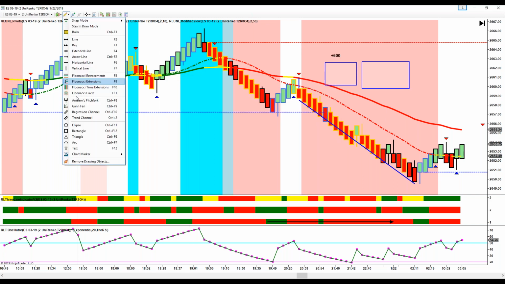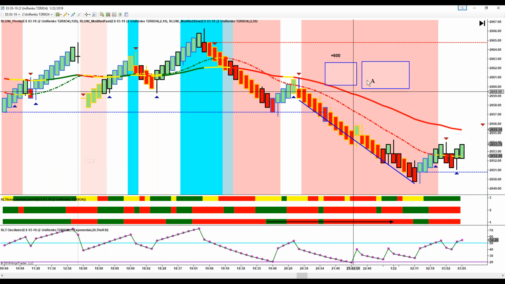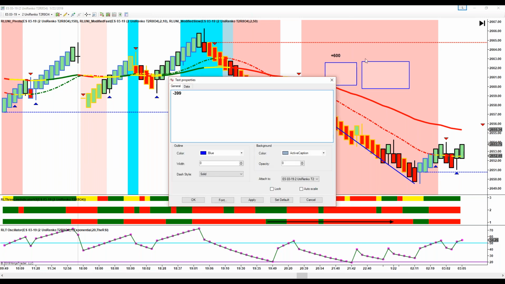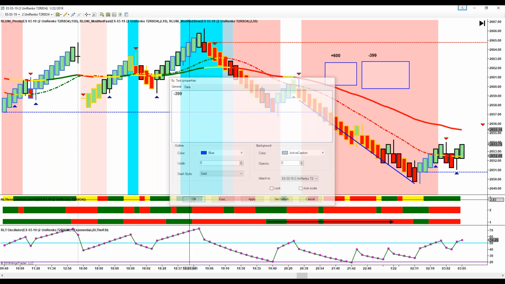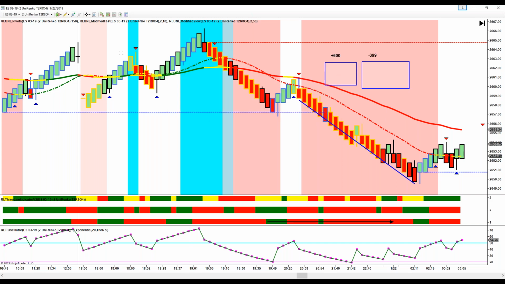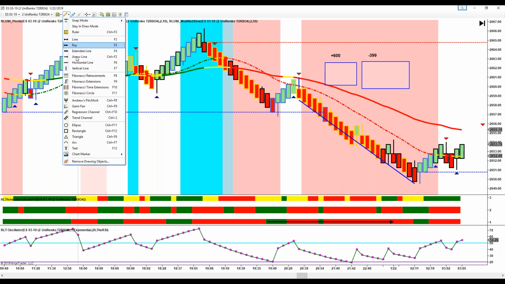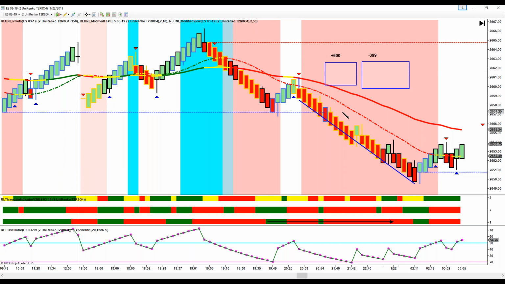Only one standard deviation's worth of data is going to work for you. This is minus 399, whatever. But it takes all these values and puts them into a 15 period simple moving average to create a slope, a delta slope of the two higher time frames. And that's what this lower line is assessing.